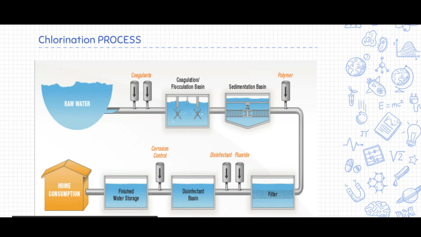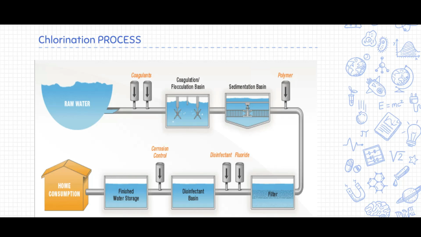So this is the rough chlorination process. You take water, you coagulate the solids in the water, which means that whatever particles are affected by the coagulants will bunch up together, much like your blood platelets, and it gets sent to the flocculation basin or the coagulation basin. It's left to settle.